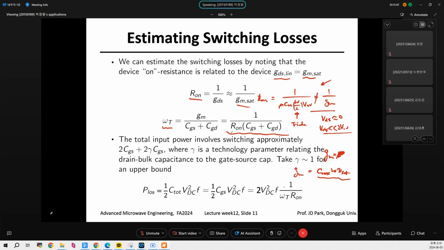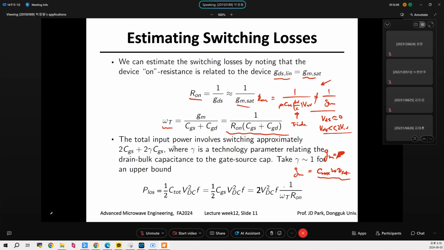1 over RC, which is the time constant of the RC network. This is a very abrupt, very rough modeling of the device operation.